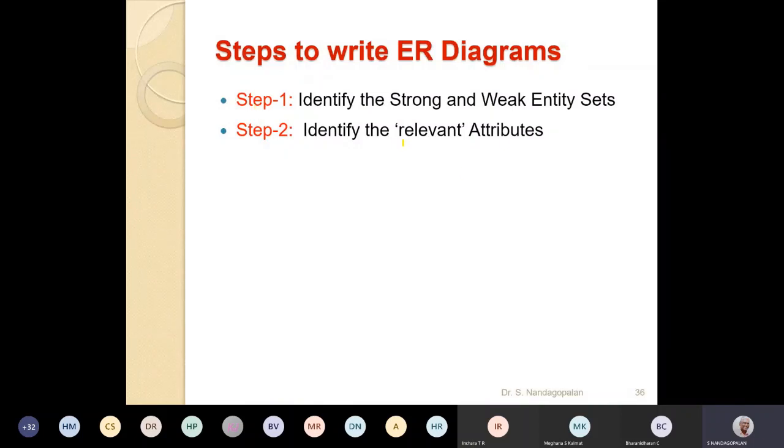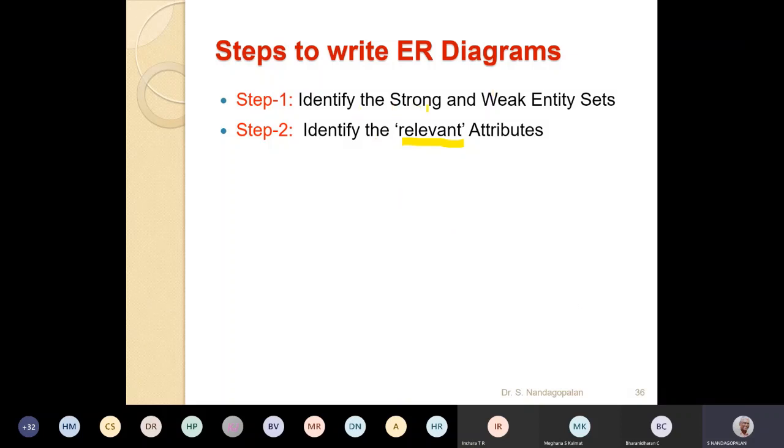I'll underline this word relevant. When you're talking about a particular entity, strong or weak, concentrate only on that entity set, and don't worry about the other entities in your domain.